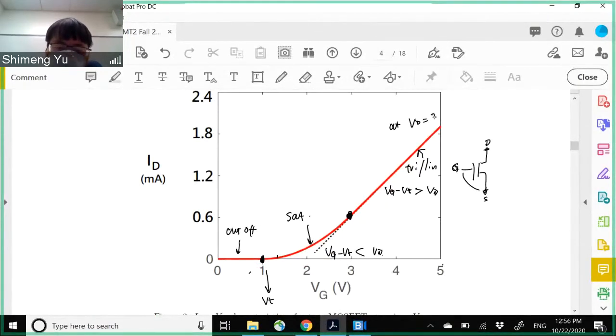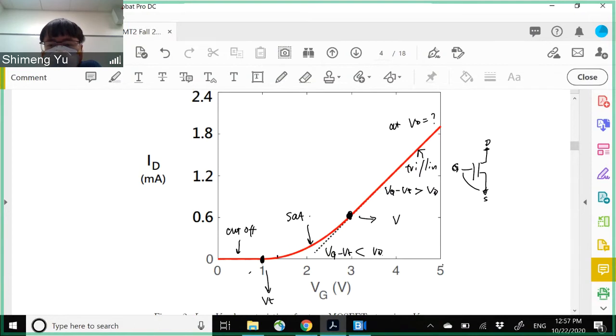We should use this turning point. This turning point gives you the Vt, the threshold. The second turning point will give you some information, because here is the boundary between the saturation and the triode.